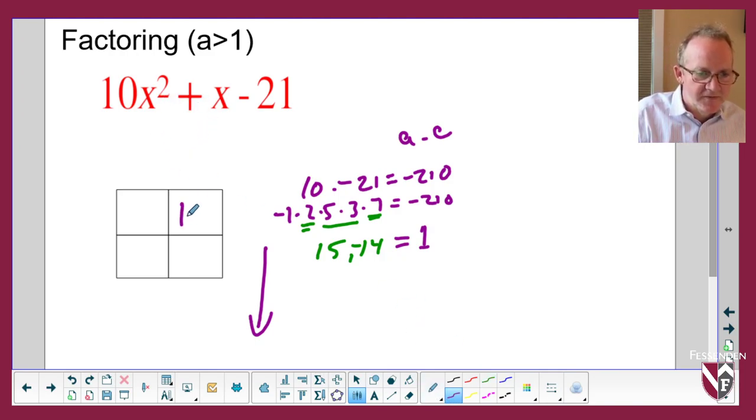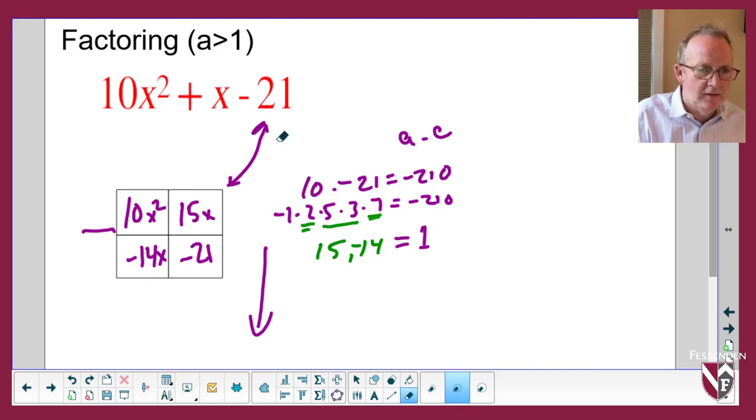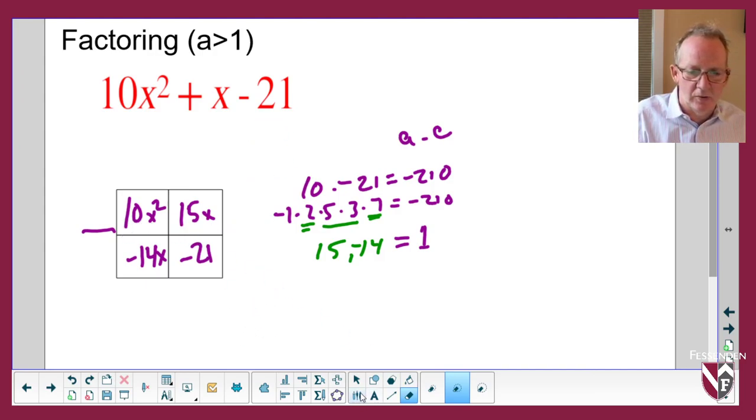If I have 15x and negative 14x, they will add to positive 1. Here's my 10x squared. Here's my negative 21. Do you see how these two things are equivalent? Yeah, this is easier, I think, than just guess and check. Now let's fill in what the GCF is of this horizontal row.